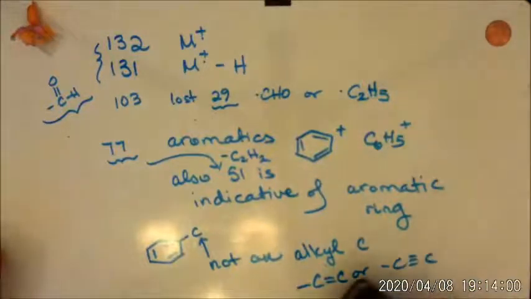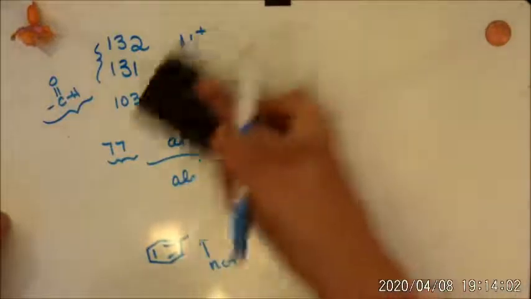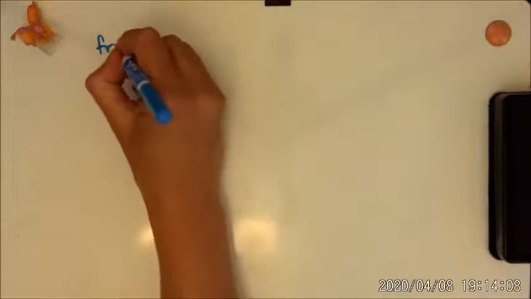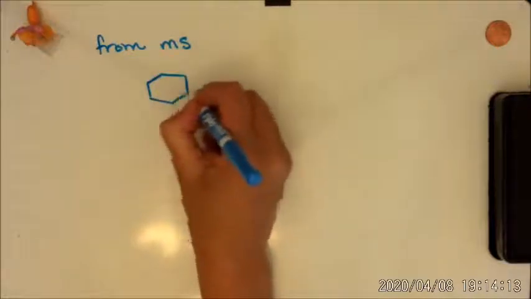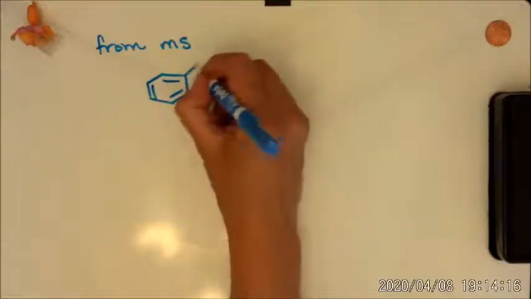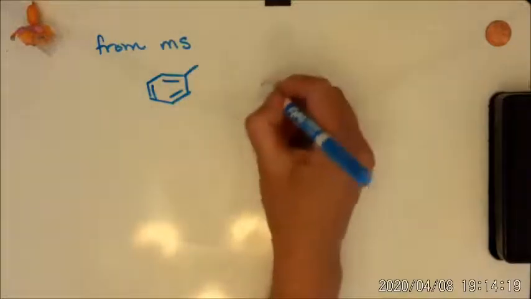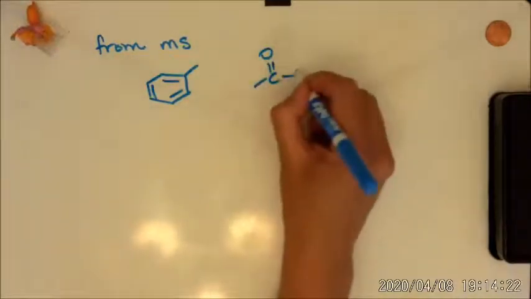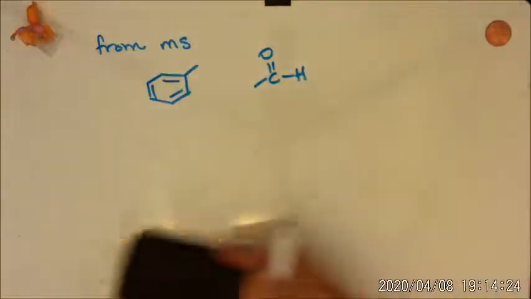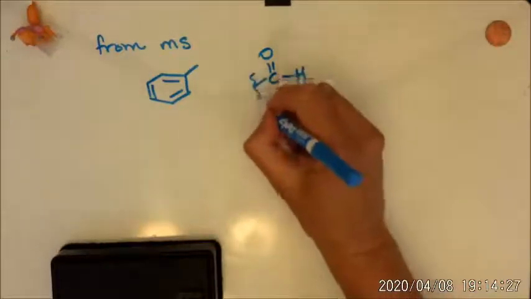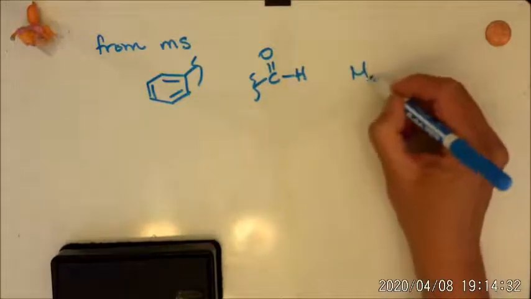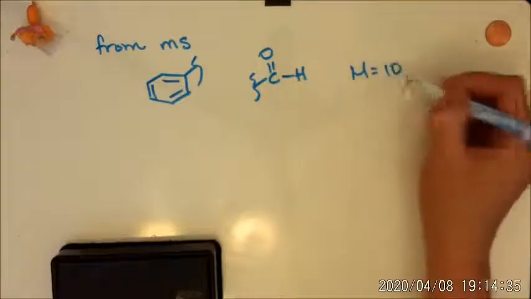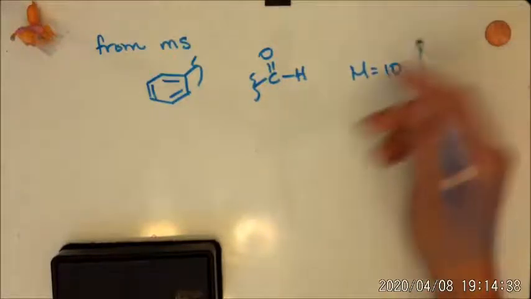So from my mass spec assignments, what kind of information do we know? From mass spec, we know we have an aromatic, okay, we know we have an aldehyde, and we know that our molar mass is equal to 132.